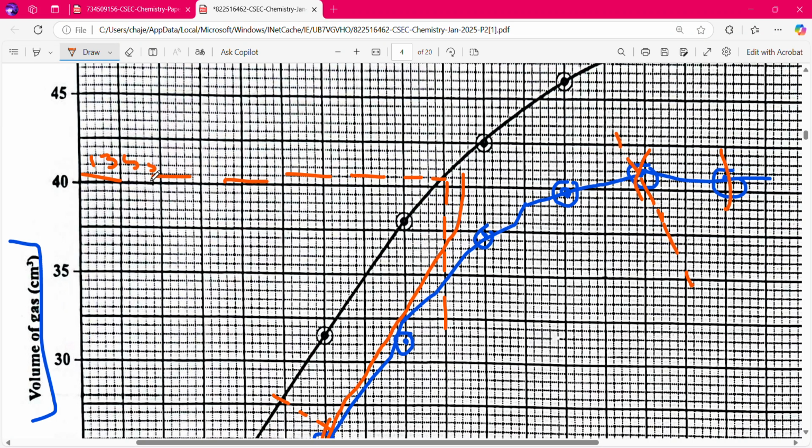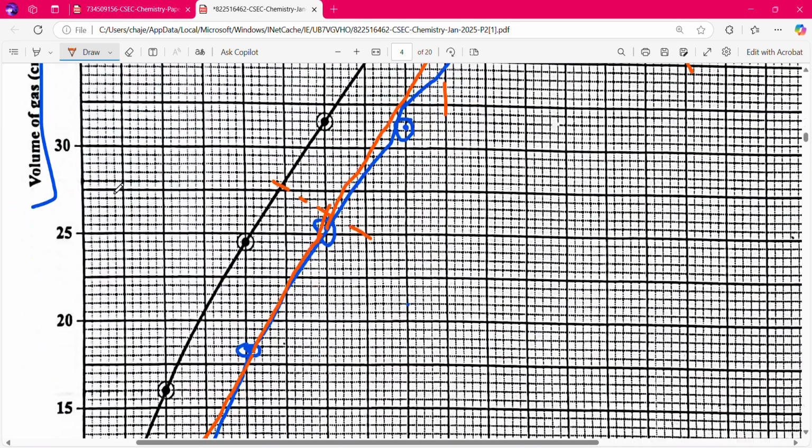So 135 seconds. So you're right, you would write in a sentence: volume of gas produced at 135 seconds. In this case, what's the volume? Guess what's the volume?